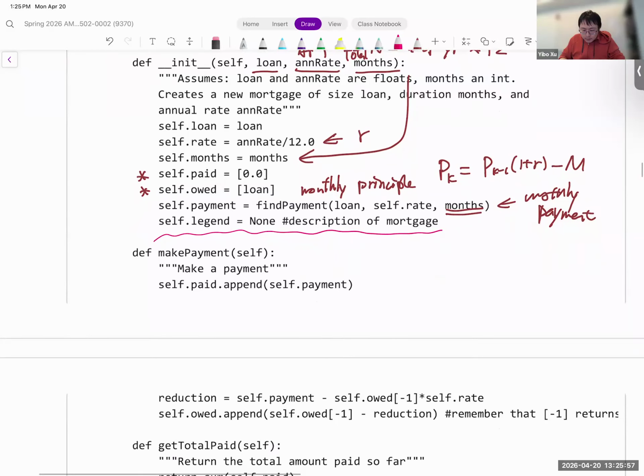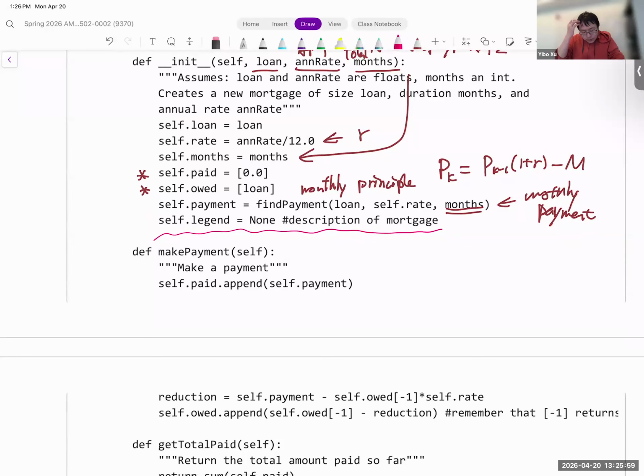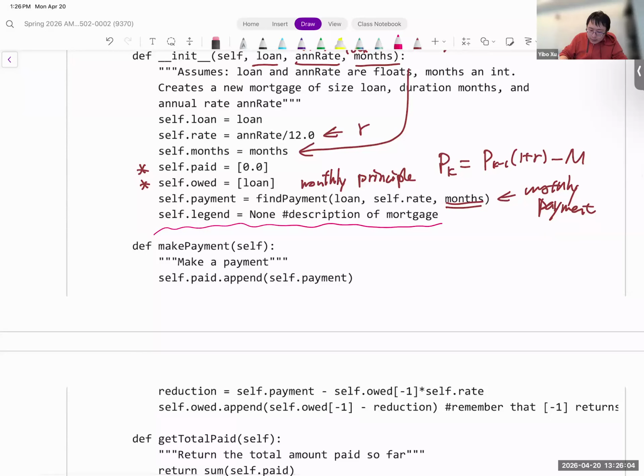I would need to mention here that make payments is exactly constructing this recurrence relation. But here you are not directly computing the entire sequence all at once. What's special in the code that's provided later is that they would do make payments for the total number of months outside of the class.